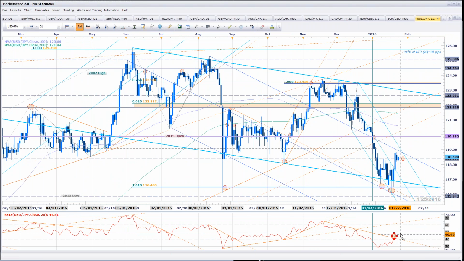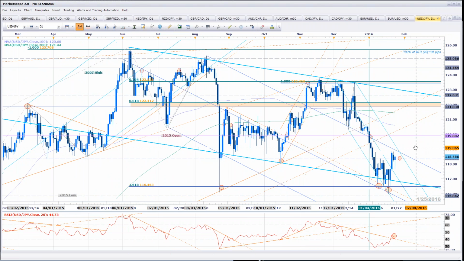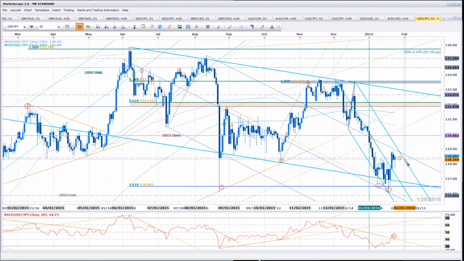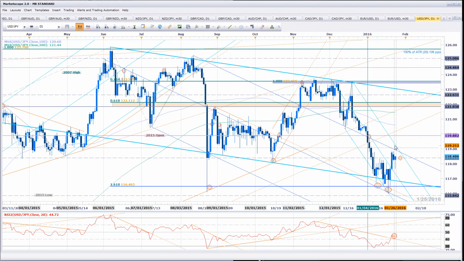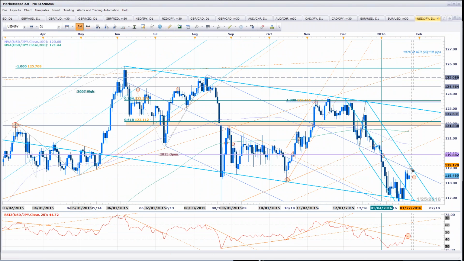Look, I think you still have some more upside to go. I don't like what the dollar index is doing, so there really isn't a position play on this, even near term, but I'd be looking for that rally into the trend line resistance or the upper median line parallel. Today, that comes in around 119.30 or so, 119.20.